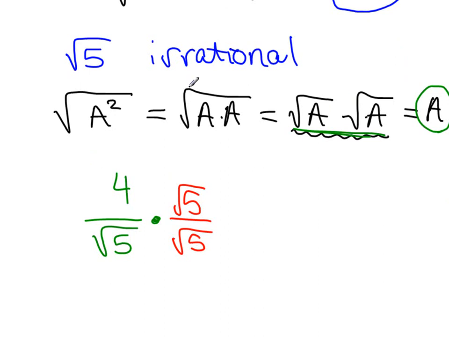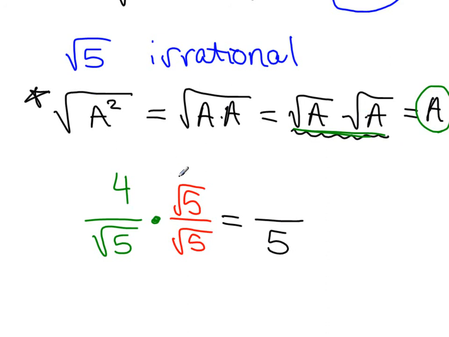So I'm not changing anything, but when I multiply the bottom, square root of 5 times square root of 5 is now just 5. Why, you may ask? Well, look at the thing above. We have the square root of a times the square root of a gets us just the radicand, a. That's what we had here. Or you could be long-winded and say, well, 5 times 5 is 25. The square root of 25 is 5. However you want to think of it.